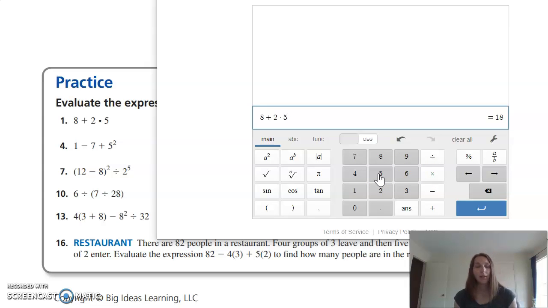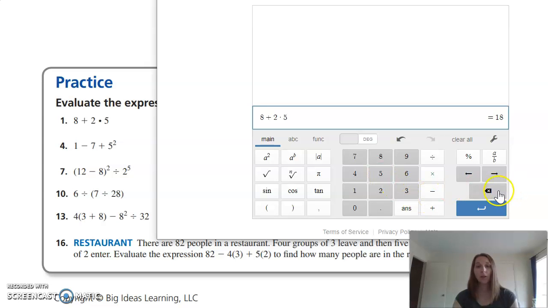Okay, 18. So if you did not have a Desmos calculator and you are completing it step by step, what are you doing first? Multiplying. 5 times 2. What is 5 times 2? 10. Then you're adding 8. So 10 plus 8, 18.